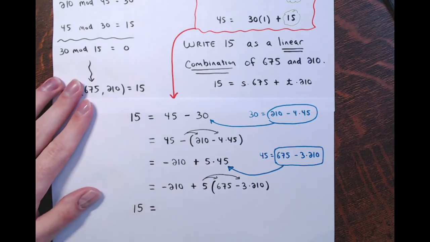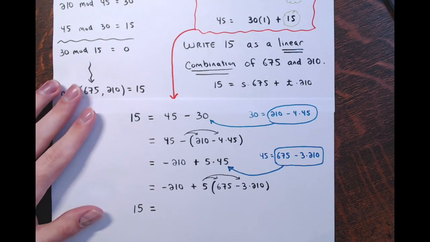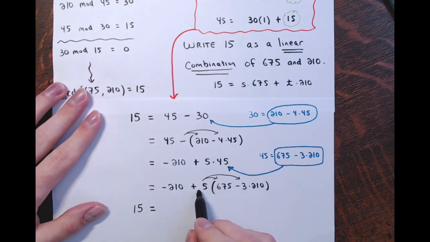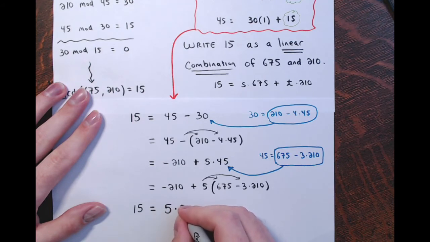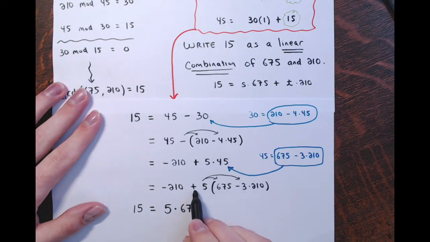When I combine my two 210s together and 675s, I've got 5 times 675. And then you have 5 times negative 3 210s. That would be negative 15 210s. And you have another negative 1 of them over here.